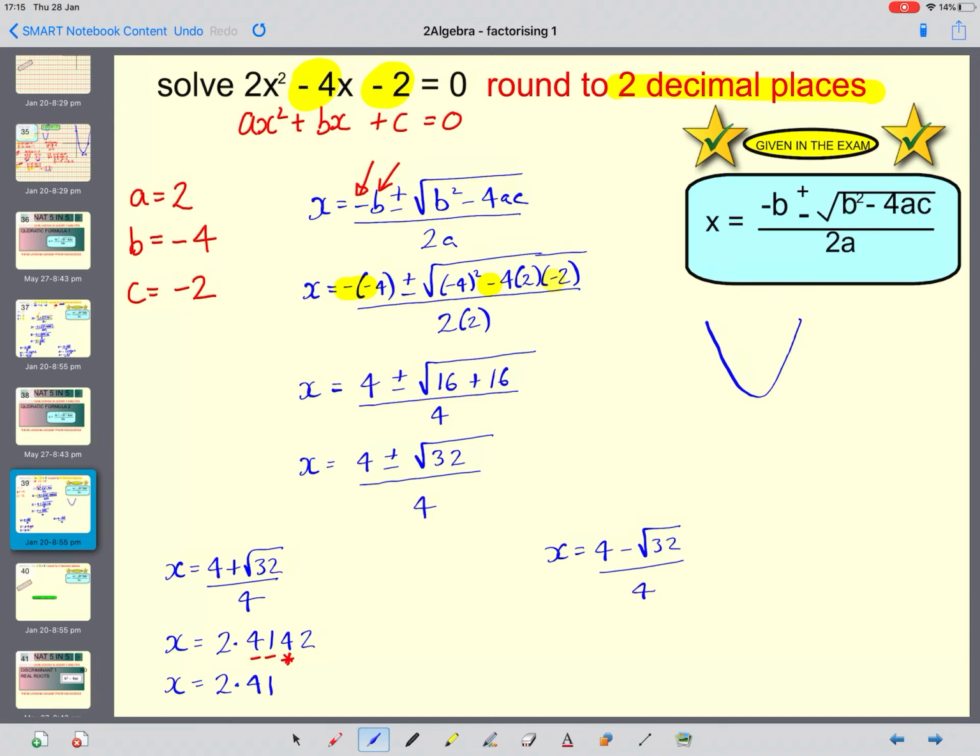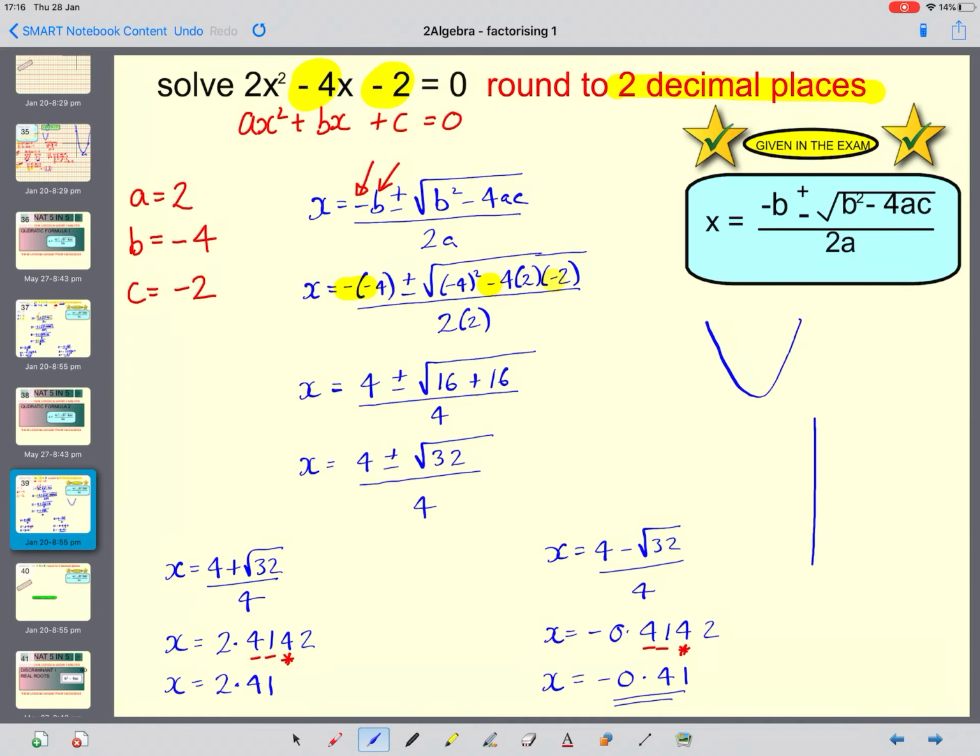And the one over here, 4 take away root 32 all over 4, is giving me an answer of negative 0.4142. Again, 2 decimal places, 1, 2, this is my decider. This 4 doesn't do anything, so the number beside it stays the same, so it's negative 0.41.